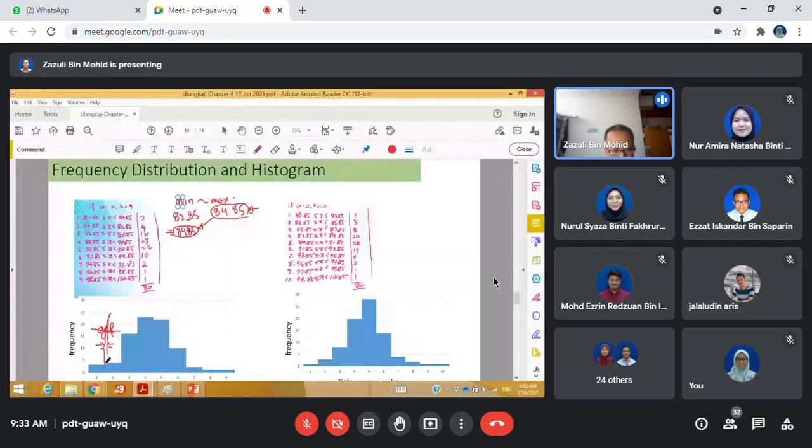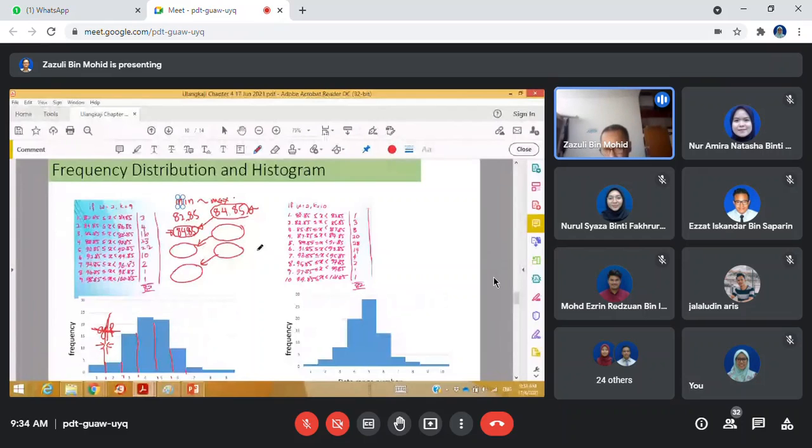The border between two classes is the same value. So make sure this value comes to this one, and the next value comes to the next one, like that. Don't make mistakes on the classes here.